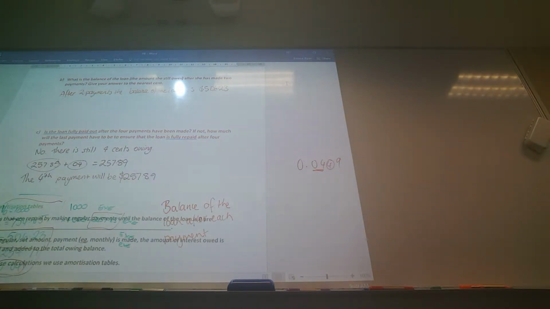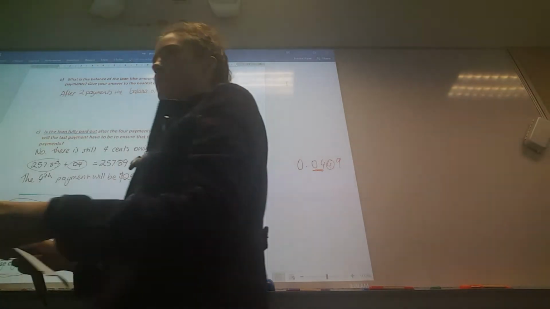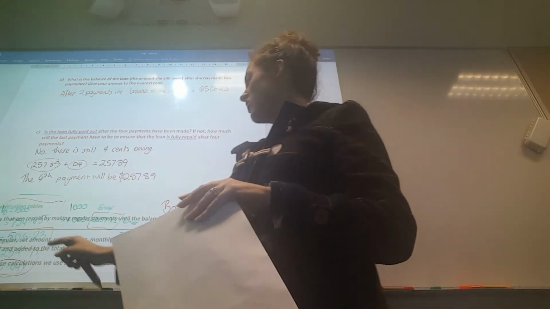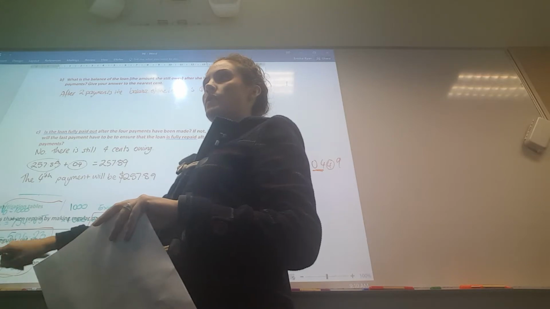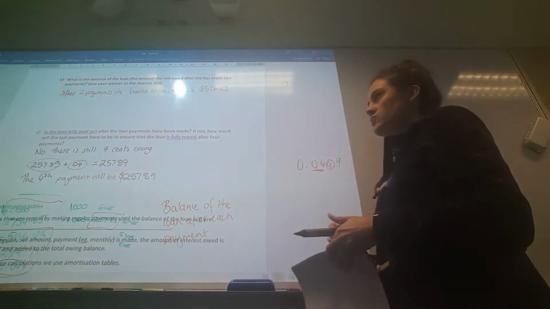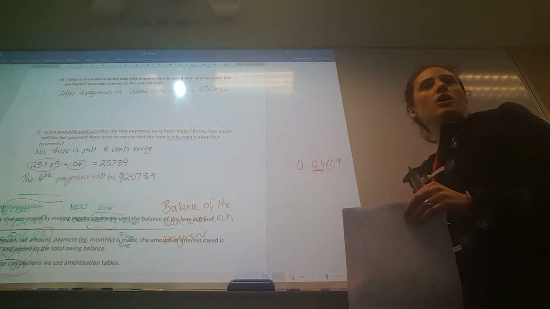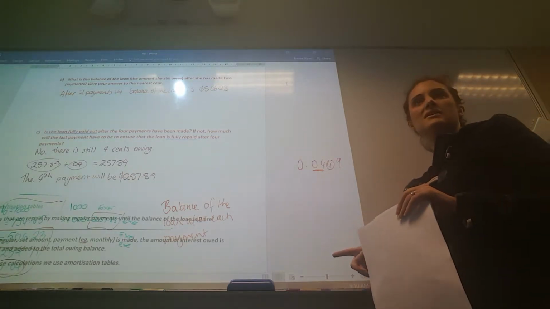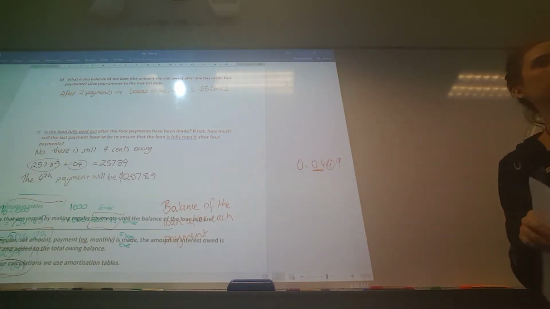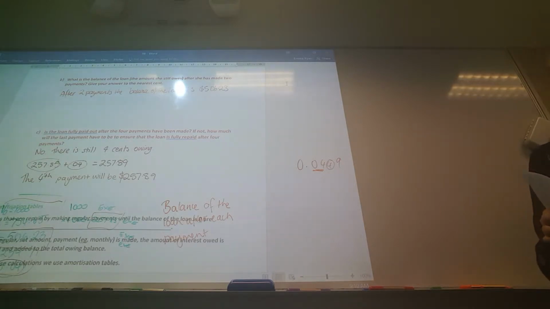So that's what we pay each time, and that's actually got nothing to do with the third one. All right. Any questions? We're all good? All right. We'll move down.